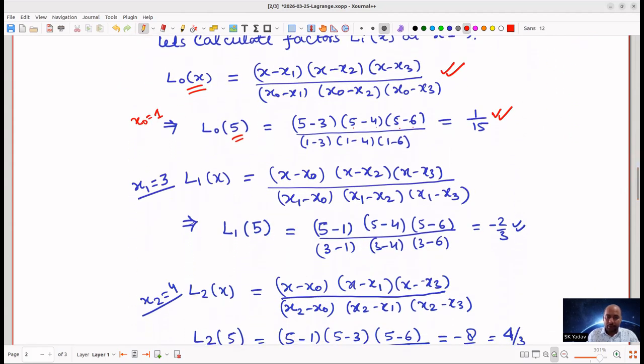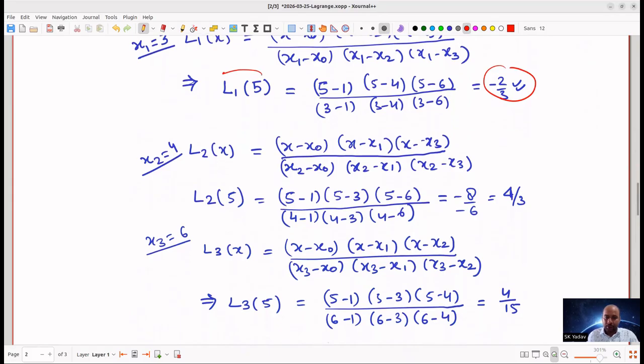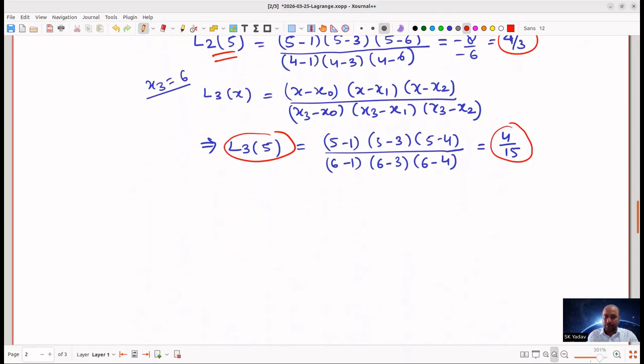So L05 is 1 by 15, L15 is minus 2 by 3, and L25 is 4 by 3, and L35 is 4 by 15. So now this means we can compute here.